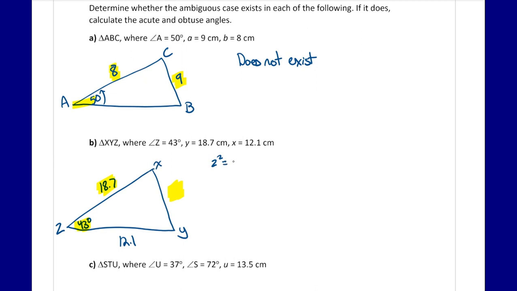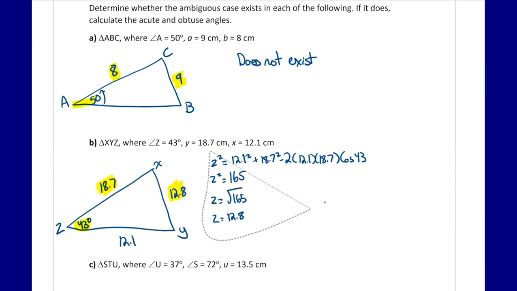So z squared equals 12.1 squared plus 18.7 squared minus 2 times 12.1 times 18.7 cosine 43. Z squared will equal 165. And again, I'm going through this quickly because we have covered it already. Z equals square root 165. Z equals 12.8.